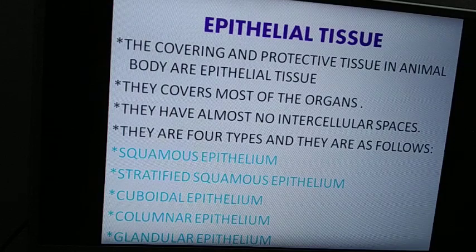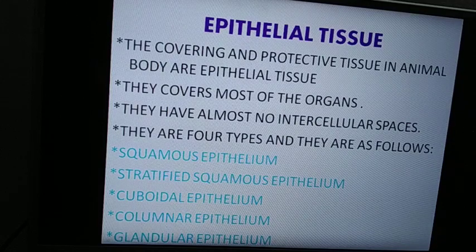And epithelial tissue covers most of the internal organs and parts of the body. They have almost no intercellular space, that is, very little intercellular space, and they are of 5 types: squamous epithelium, stratified squamous epithelium, cuboidal epithelium, columnar epithelium and glandular epithelium.